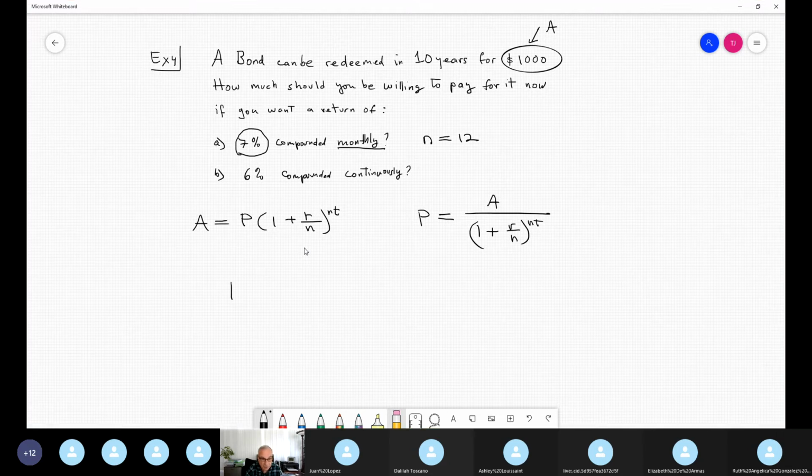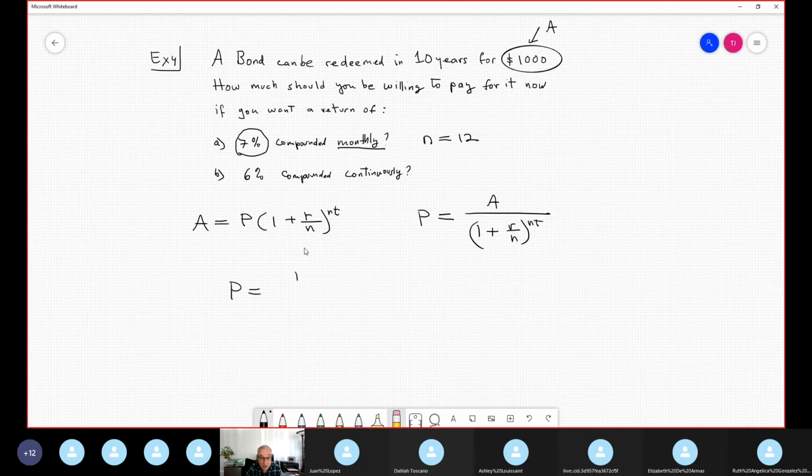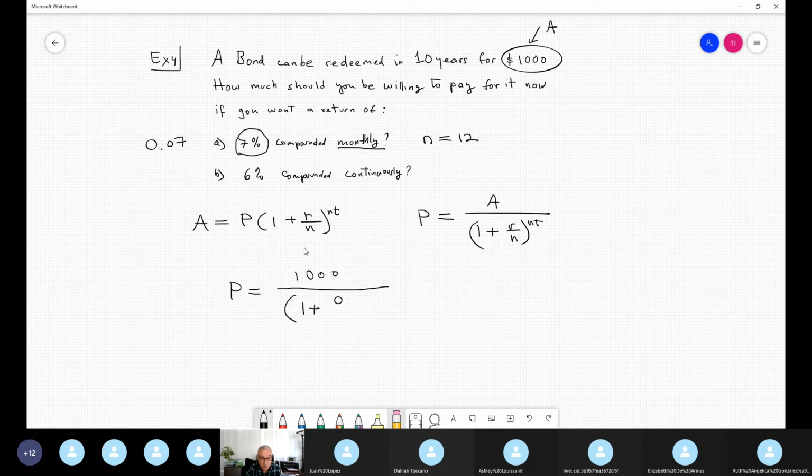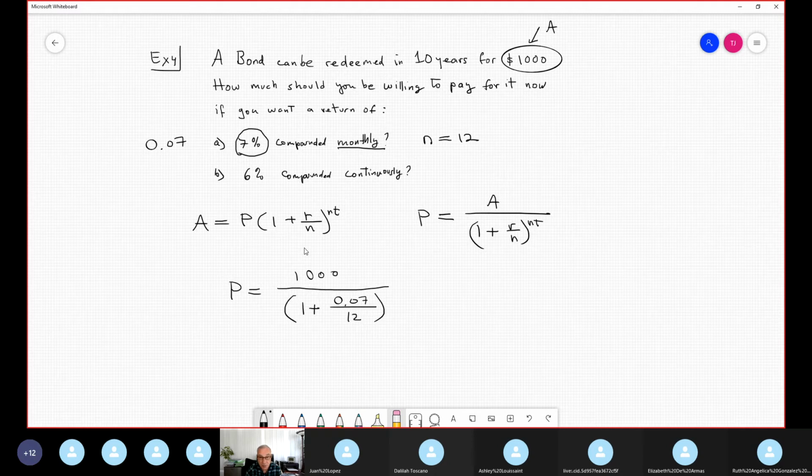So P is equal to A, which is 1,000, divided by parenthesis 1 plus R, well, R is 7, but expressed in decimal it's 0.07, 0.07 divided by 12 because it's monthly, compounding is 12, and everything is raised to the power N T. 10 years, so T is 10, and the multiplication is 120.